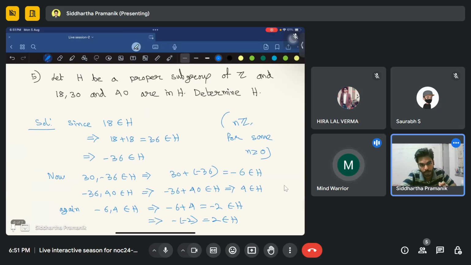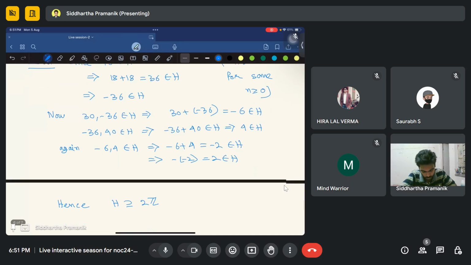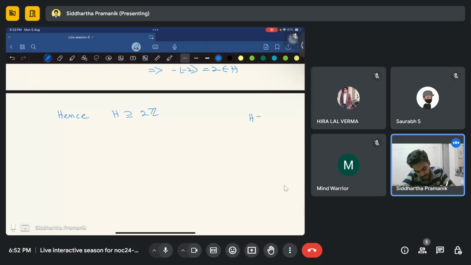I'm saying H contains all multiples of 2. That is okay. But why is H exactly equal to 2Z? Why should it not contain any other element of Z?